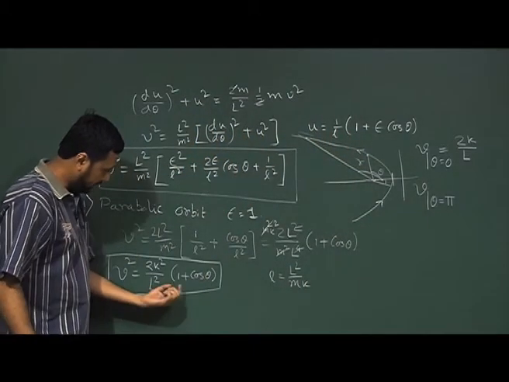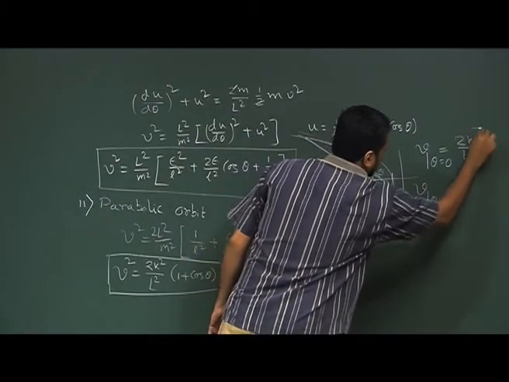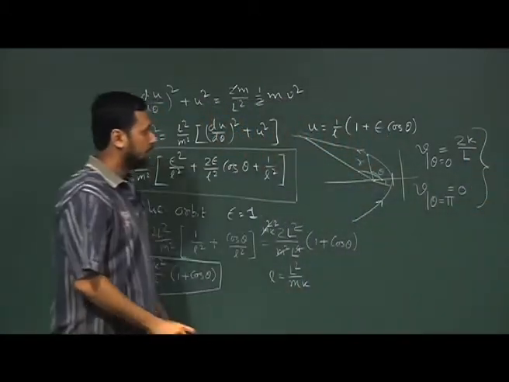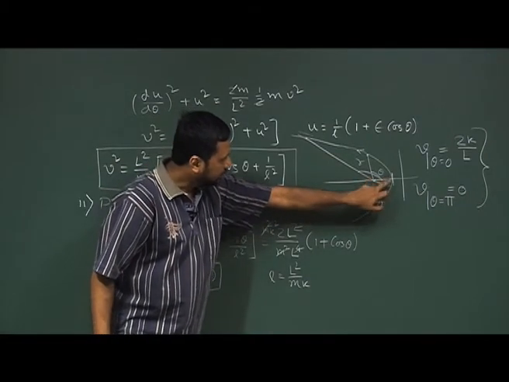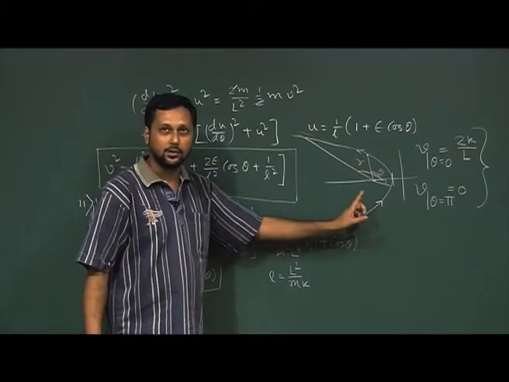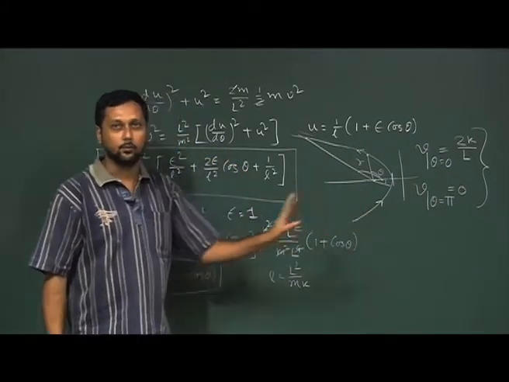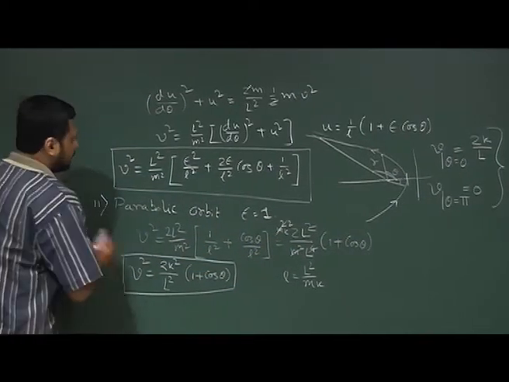If you put it in here, it will be 1 minus 1 equal to 0. So these 2 points, one here and the other at infinity, are called the apsidal points for an orbit.